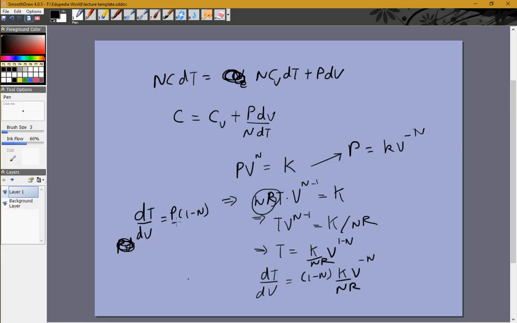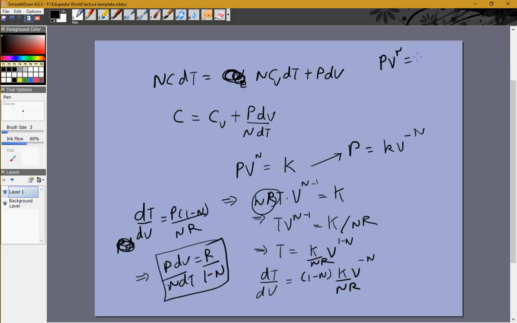So P into 1 minus n by nR, which means P dV by n dT is equal to R by 1 minus n. This might be a result you've seen before already. Whenever you have PV to the power n is constant, C is given by C is equal to Cv plus R by 1 minus n.